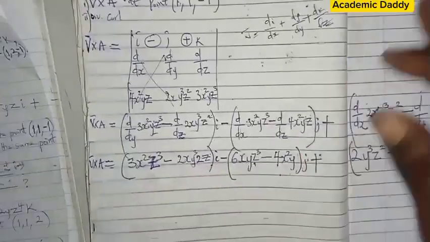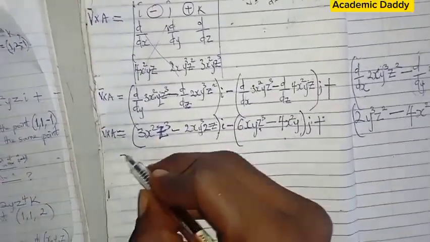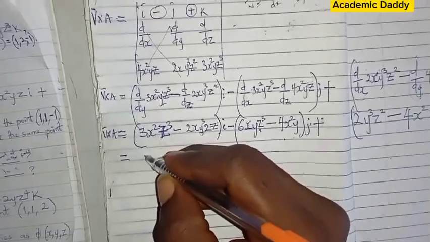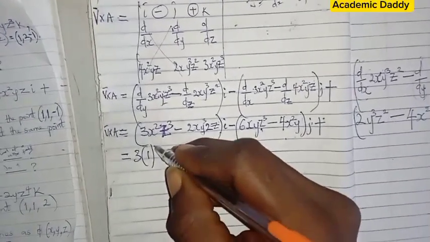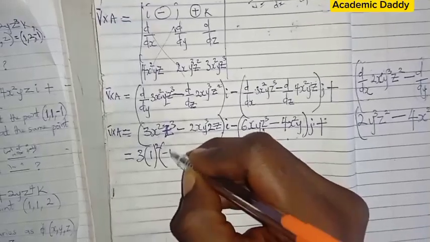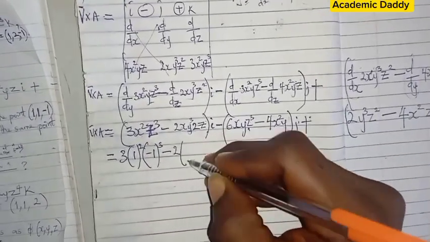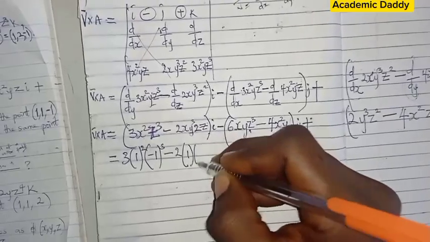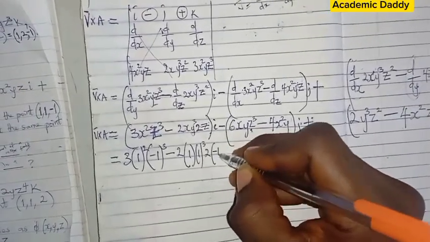so let's now try to find the point. Then we'll go back and solve for the curl at that same point. So at this point, we remember that x is 1. So we say 3 into 1 squared. z is minus 1, this power 3, minus 2. x is 1, y is 1, then 2, z is minus 1.